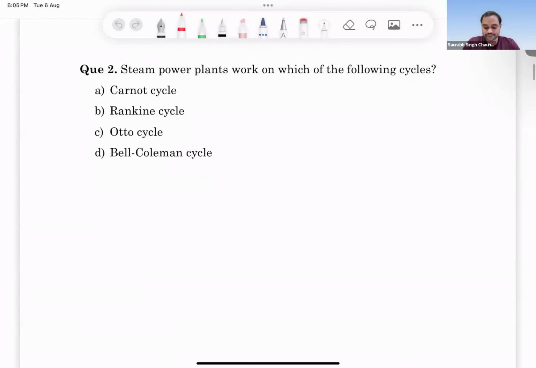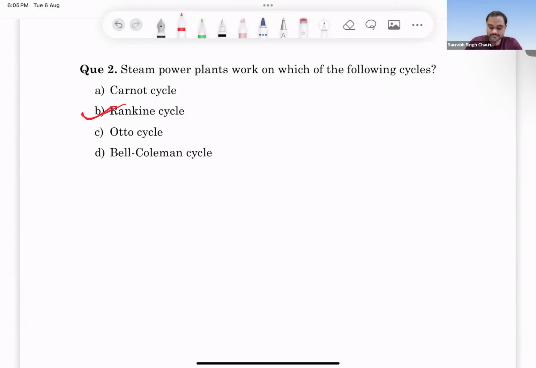Question number 2. Steam power plants work on which of the following cycles? Carnot cycle, Rankine cycle, Otto cycle, or Bell-Coleman cycle? I hope this is very easy to answer: the answer is Rankine cycle. Carnot cycle is the ideal cycle, but its implementation is very, very difficult.